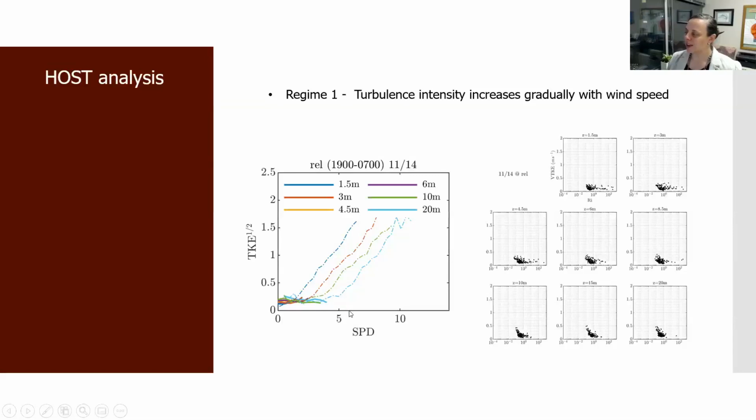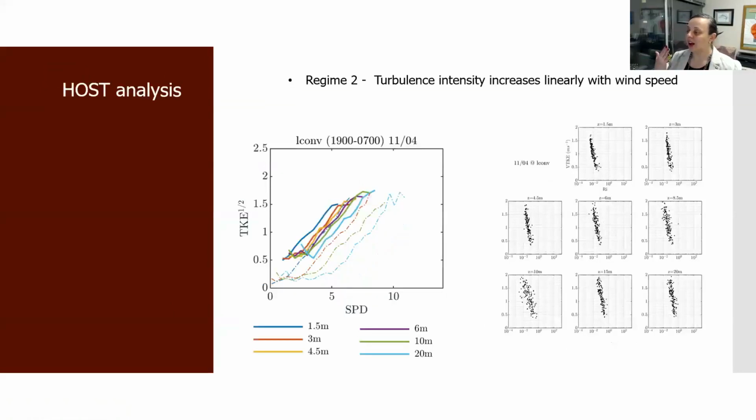So this is one example of a night where throughout the entire night, at all heights, everything is in regime 1, where the intensity increases very gradually with wind speed.